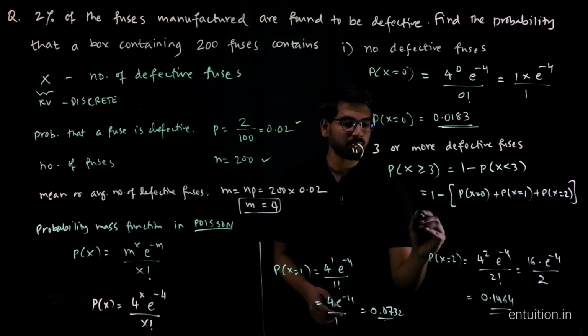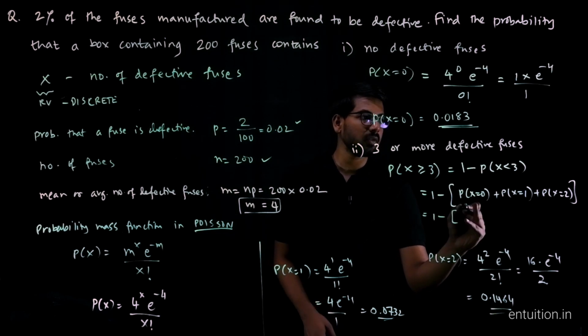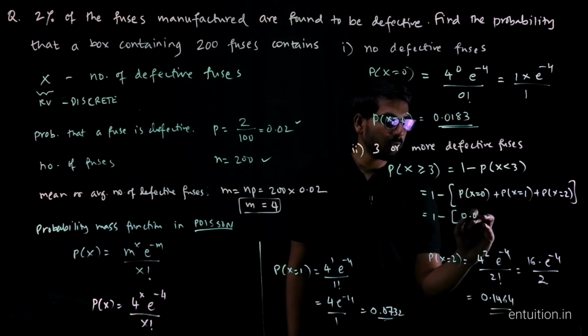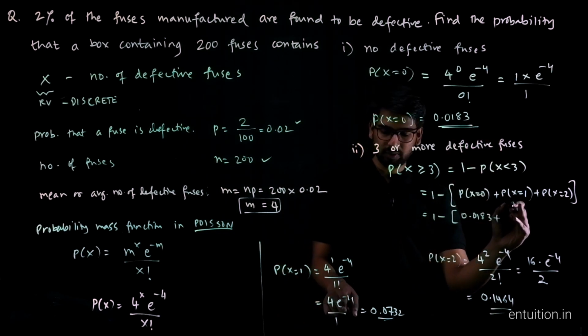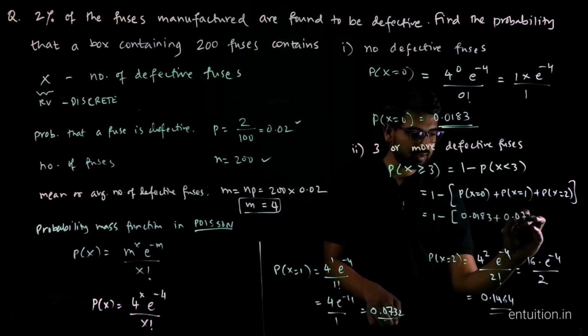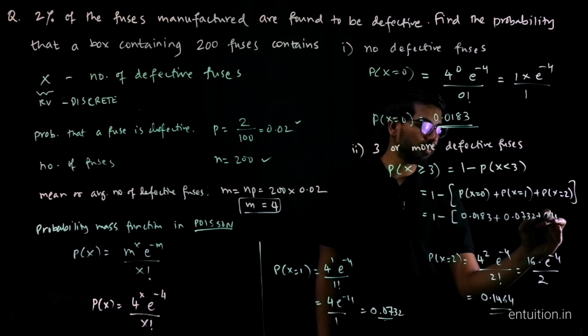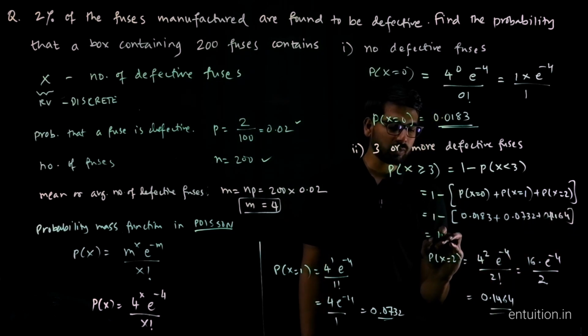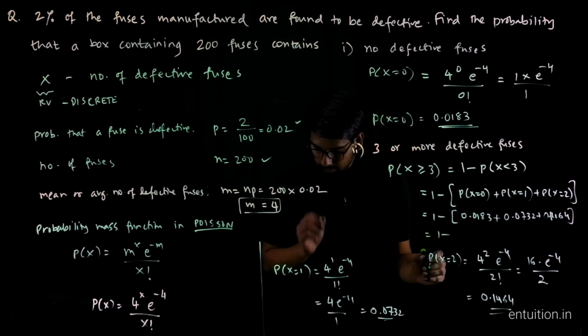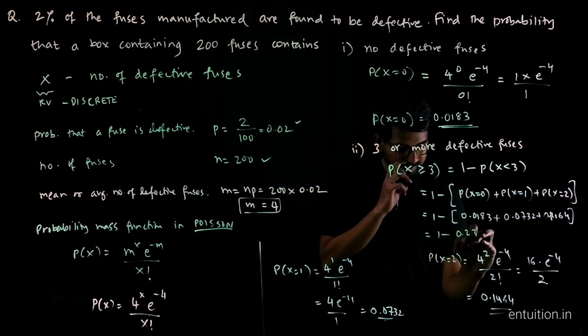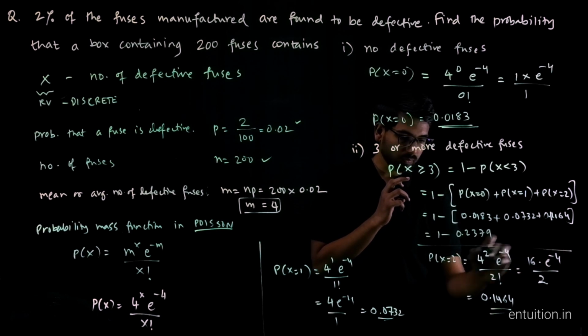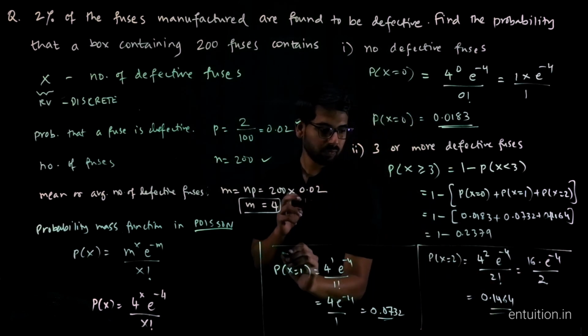Let us substitute them here. What will we get? 1 minus probability of x equal to 0 is 0.0183 plus probability of x equal to 1 is 0.0732 plus probability of x equal to 2 is 0.1464. So if you add all these things, we get 0.2379. Okay.